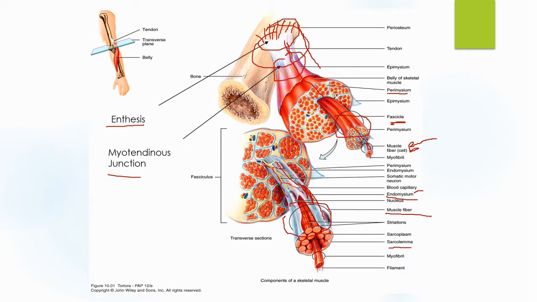This arrow here is pointing to this layer of connective tissue surrounding this particular fascicle. And like the endomysium, the perimysium continues backwards along the length of the fascicle, and also contributes to the tendinous structure here.